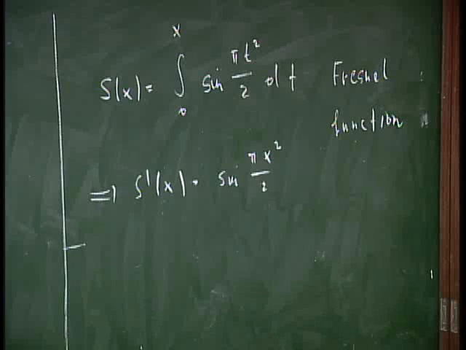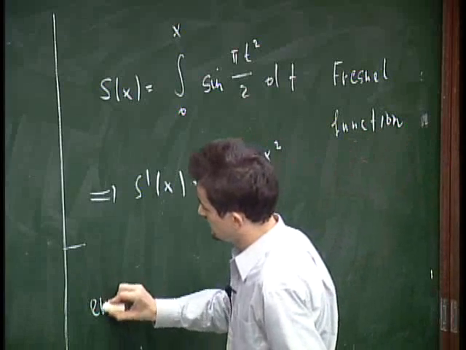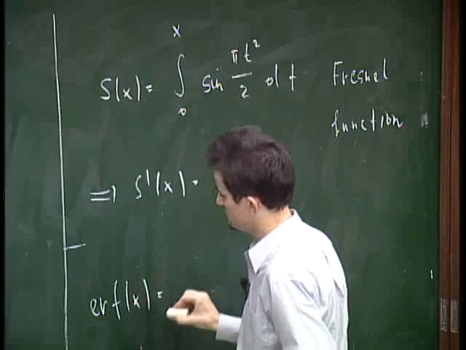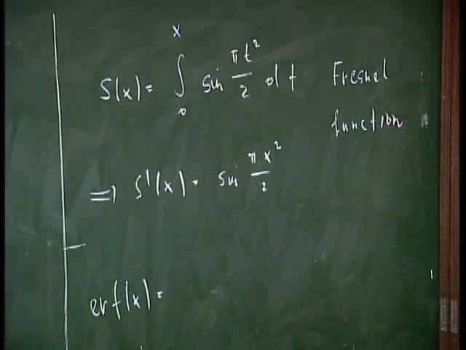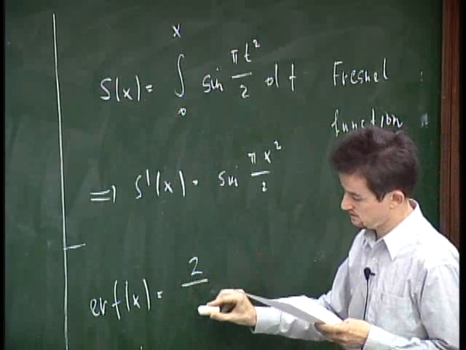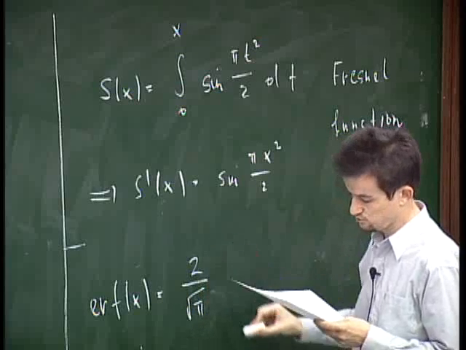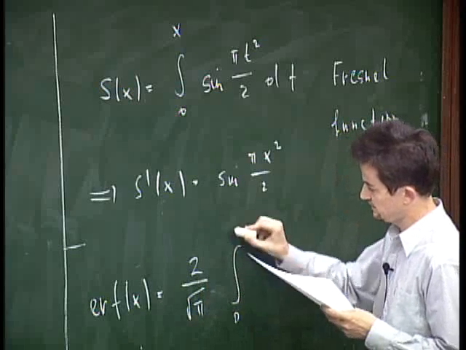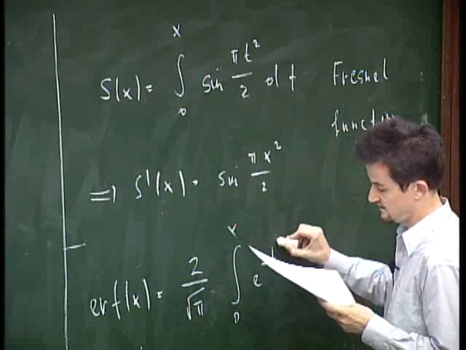Another example is probability theory. In probability theory, this function, which is called the Gauss error function, plays a very important role. So this function is defined as 2 over the square root of pi times the integral from 0 to x of e to the minus t squared dt.